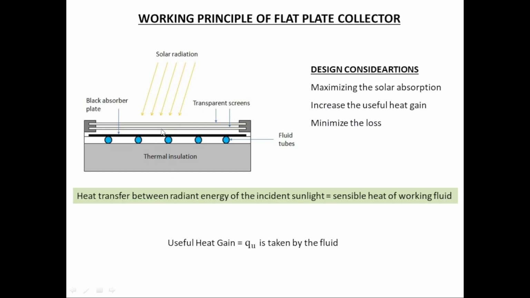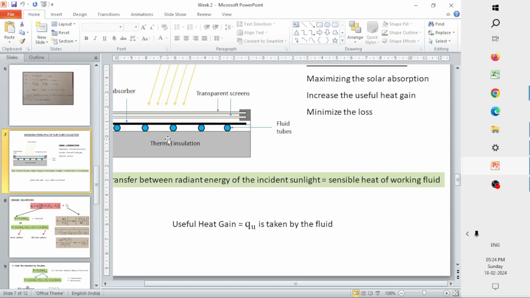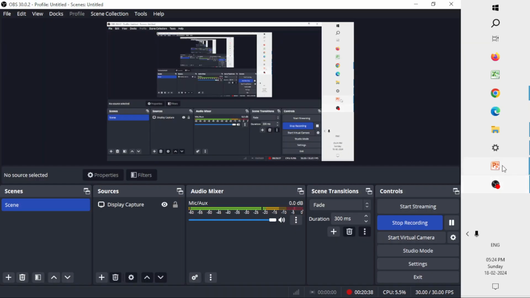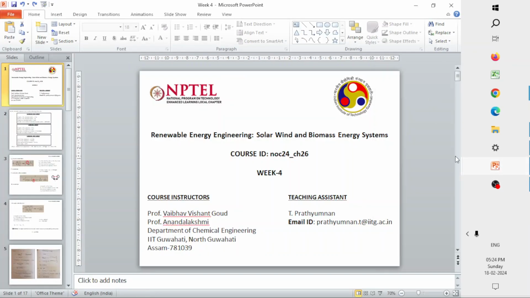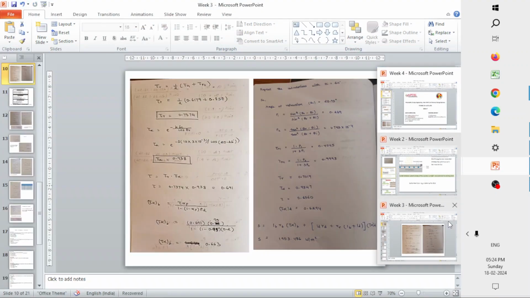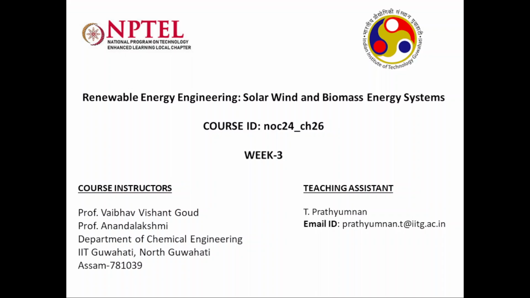So it gets refracted and then it moves through the air. When it moves through the air, there are convective as well as radiation losses that happen. Because of that, some amount of the energy will be decreased. So your S value and your IT value need not always be the same.